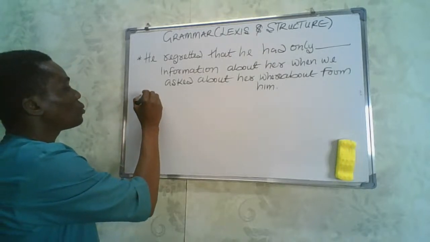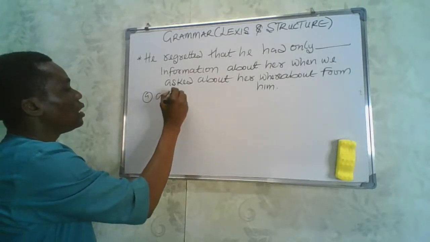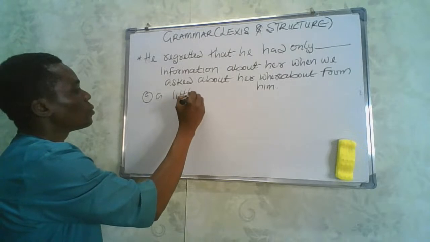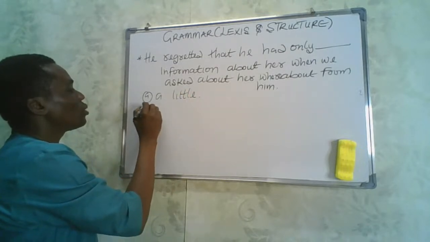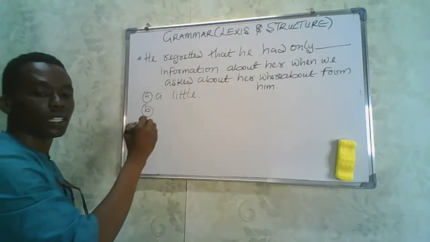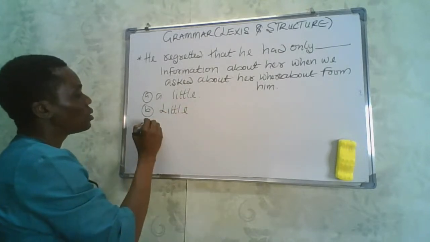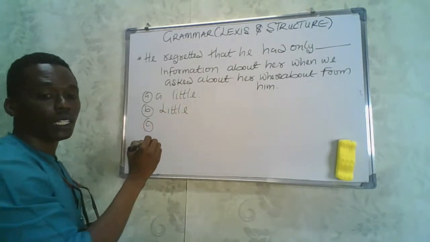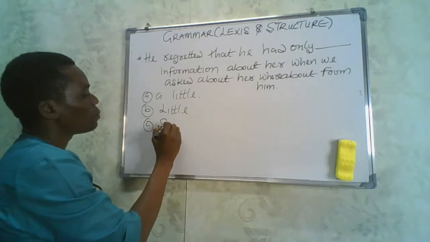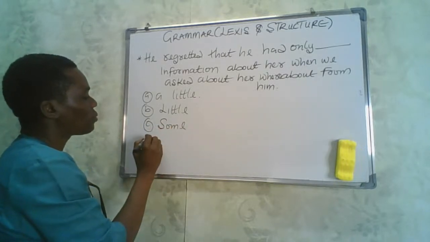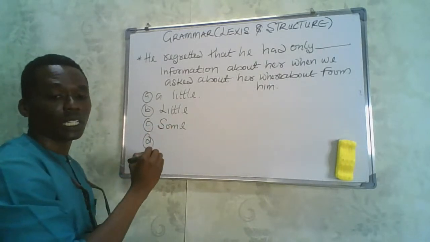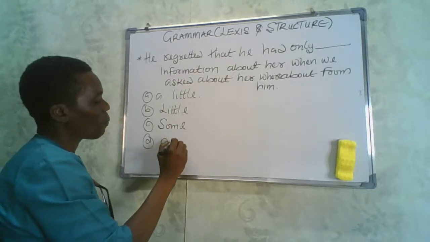Now, the first option is a little. The second option is little. The third option is some. And the fourth option, option D, is a few.